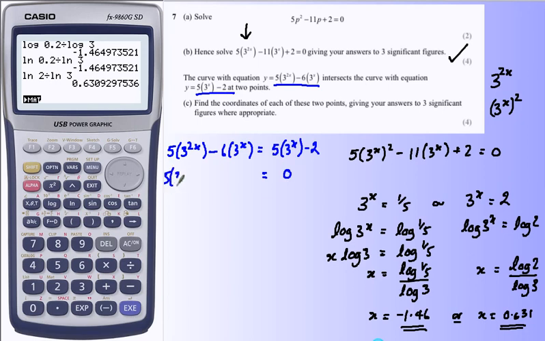So we know that this will be true and then this will be true, which means the 2 points we're looking for will have the x coordinates that I've got down here.